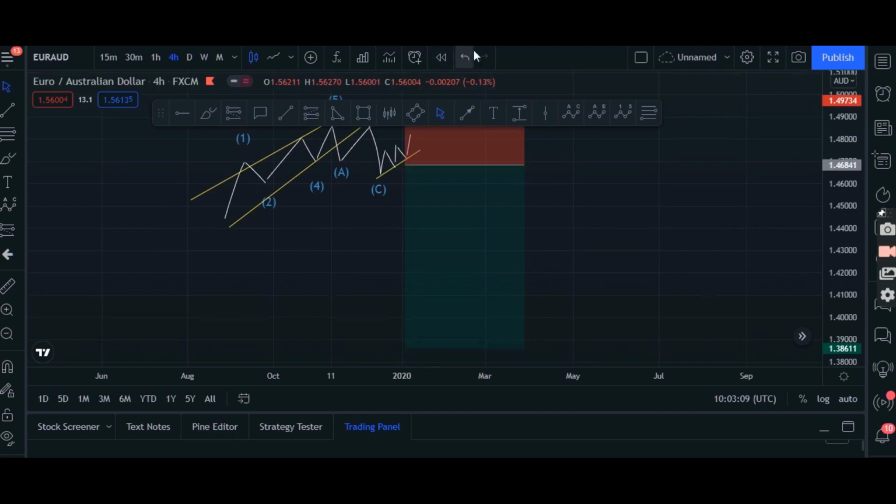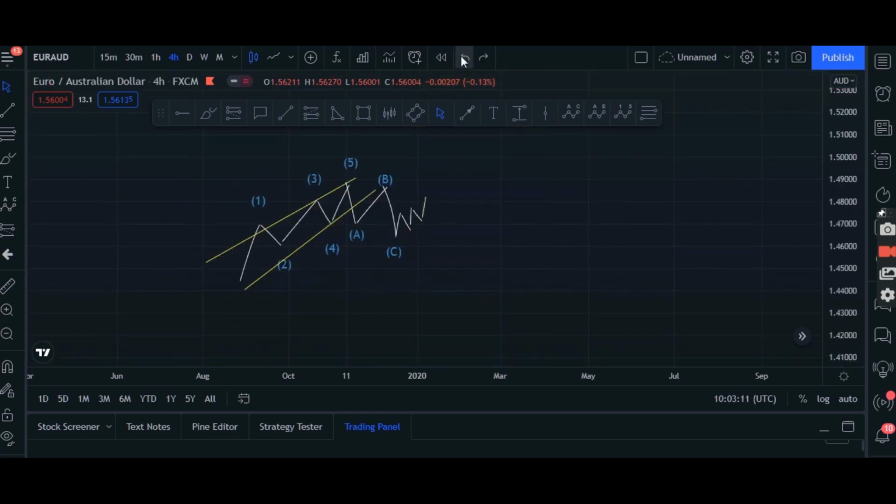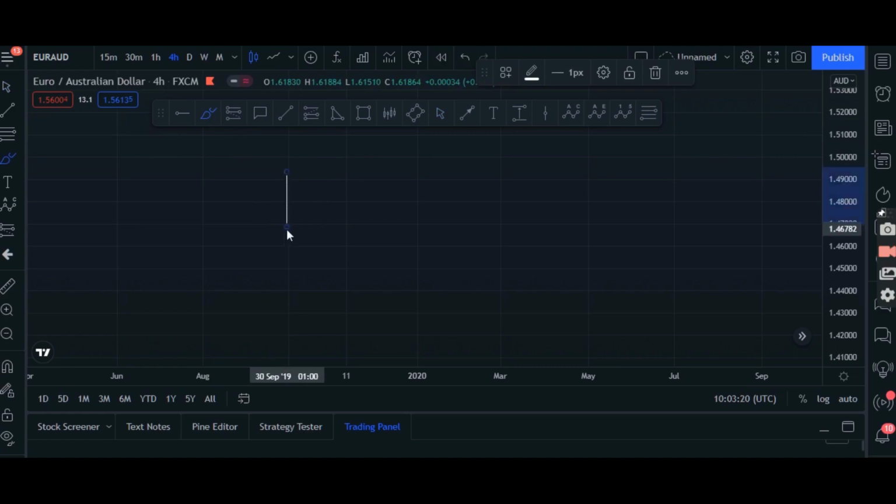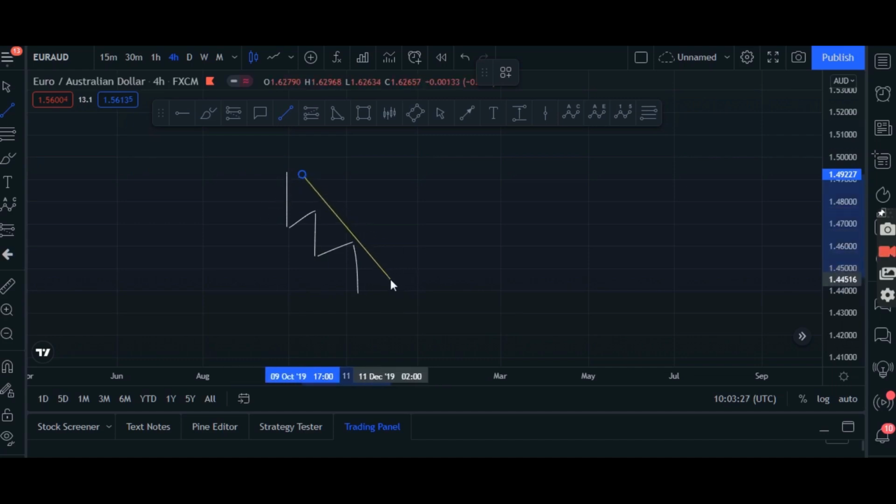And guys, going on to a bearish move, the same thing. A bearish one comes. Same thing with a bearish move, guys. A bigger impulse, like this.